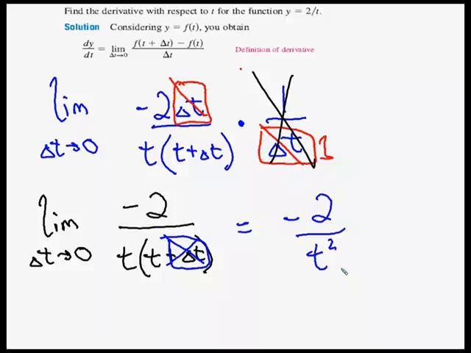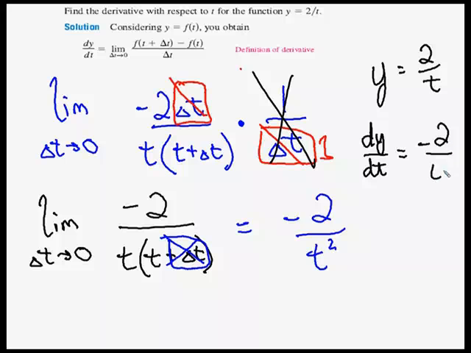There is our derivative. And remember, the derivative of a function is a function. Let me rewrite it down here. Our original function was y equals 2 over t. And then our derivative, dy/dt, the derivative of the function with respect to the t variable, is negative 2 over t squared.